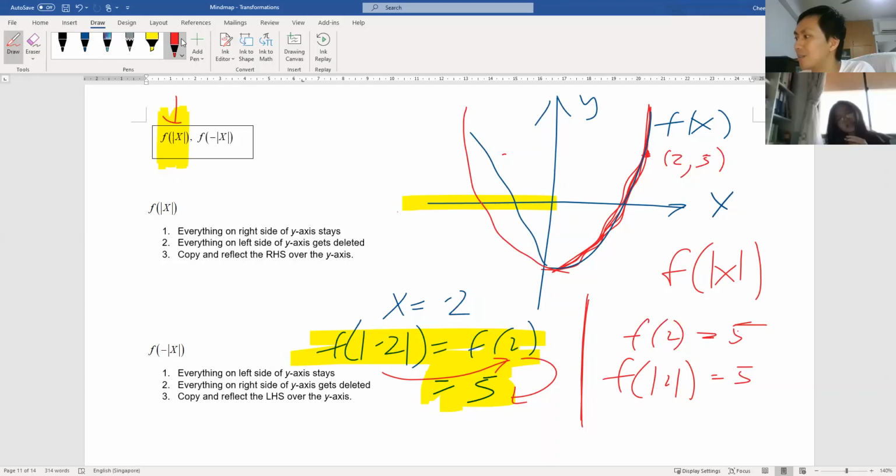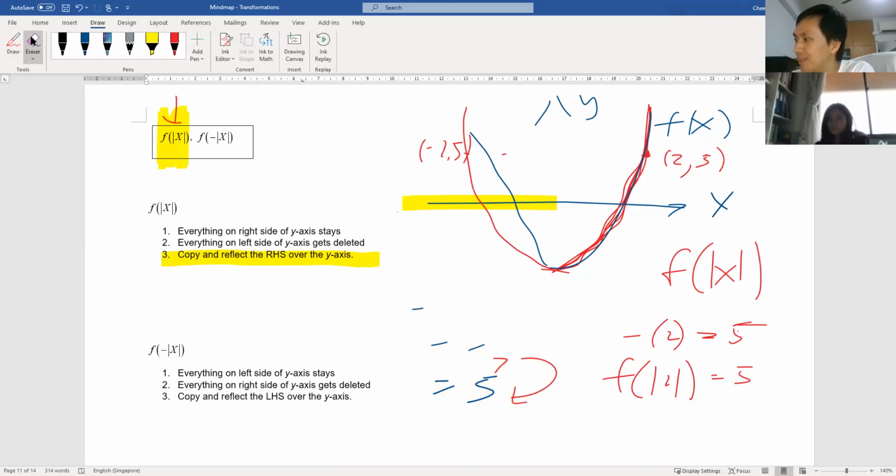So somewhere out there, this is (-2, 5). Hence, it's a copy and reflect situation, not a cut and paste situation, because the negative counterpart guys are told to take reference from the positive counterpart on the x values. Okay, so that's for the simpler looking transformation.